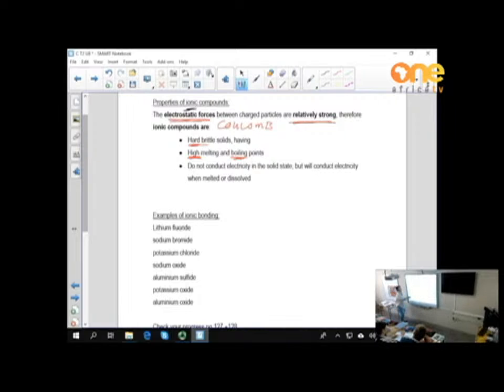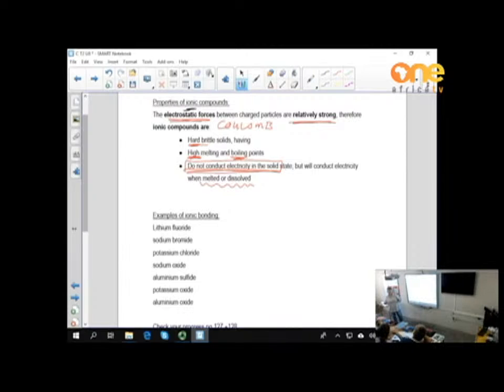They will not conduct electricity in the solid state, but they will conduct if they are melted or dissolved. Who can explain that? What is electricity? Current is moving charge. So in the solid state, why can a salt not conduct? The charged particles are held fixed in a crystal lattice by strong forces.